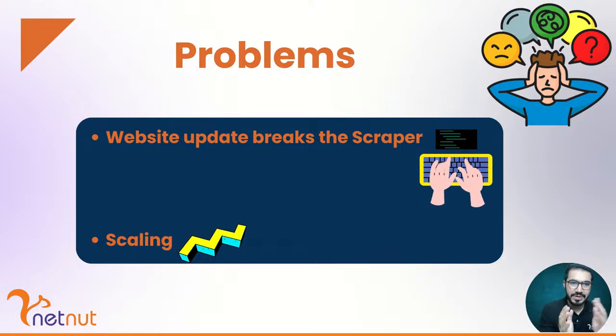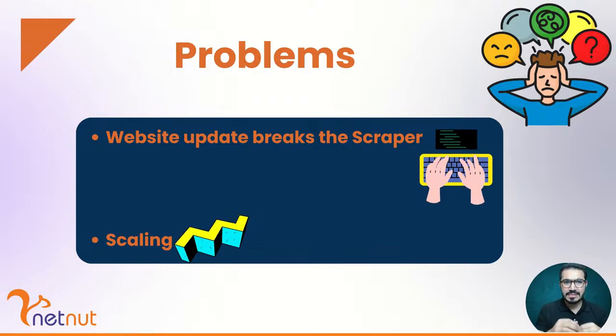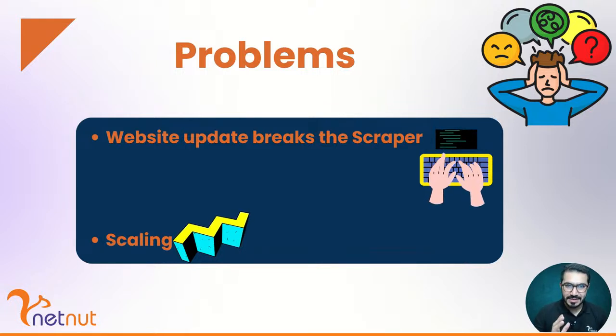I mean, we have a pre-written scraper that is working great. That is scraping the desired data from the website, but suddenly it breaks down. And 99% of the times, the reason is the structure of the data. If they update the structure of the website at the back end, our scraper will not work anymore. Let me give you an example.